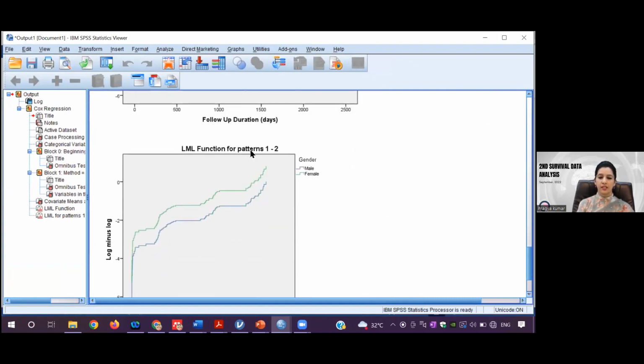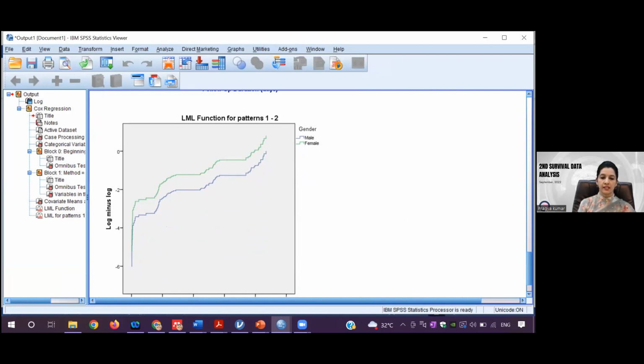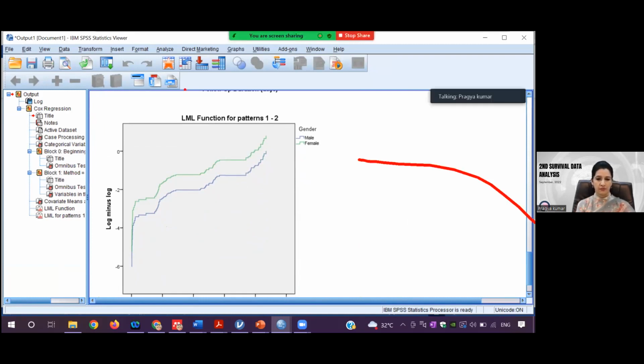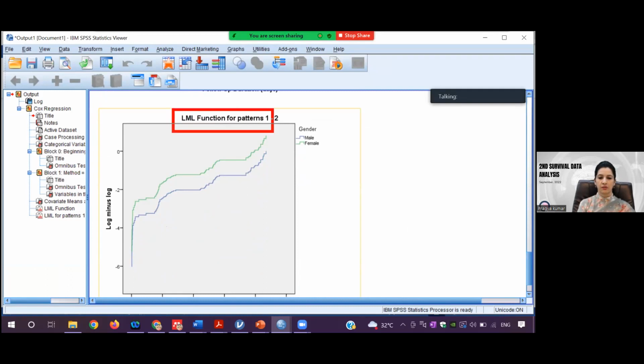So you can see the log minus log curve for gender. It will write here as LML function. Here also you will see log minus log function. So what can you see here? What is your opinion?